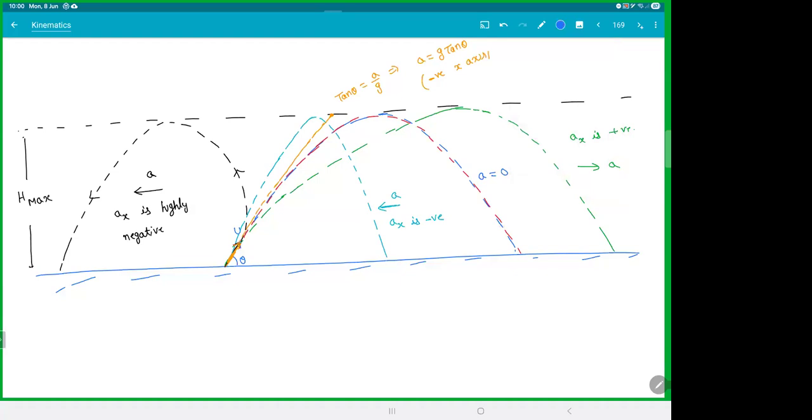Is that orange line making sense? I'll talk about that orange line more. So the few things here: all trajectories will always touch that h max and come back. It doesn't matter how the wind blows, you have to touch that black line and come back.